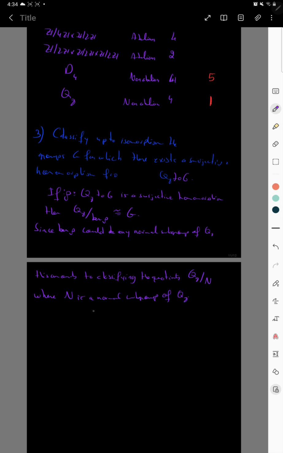Now, what are the normal subgroups of Q8? We've seen this before. All the subgroups of Q8 are normal, right? We've seen this in a previous assignment. We've seen the diagram of the subgroups of Q8. It's this one.